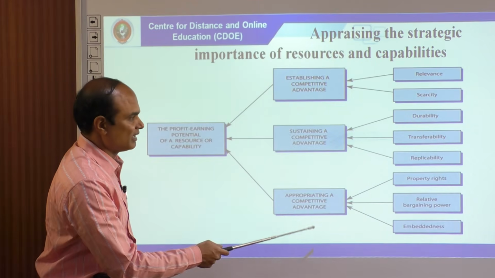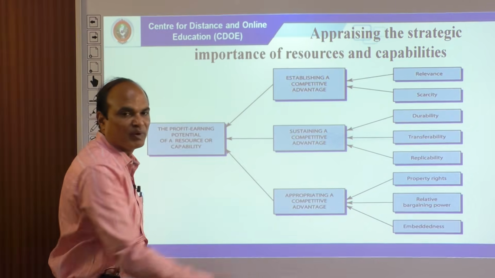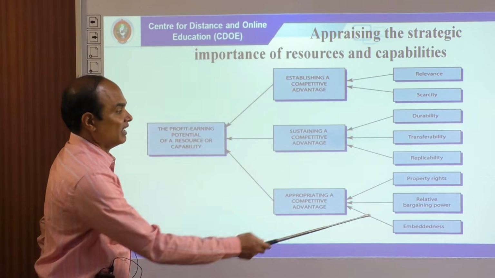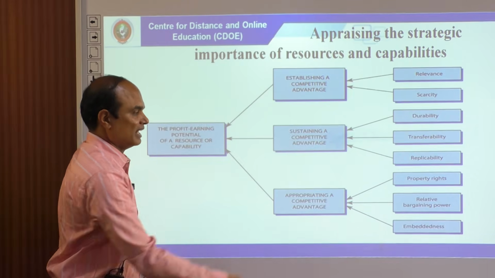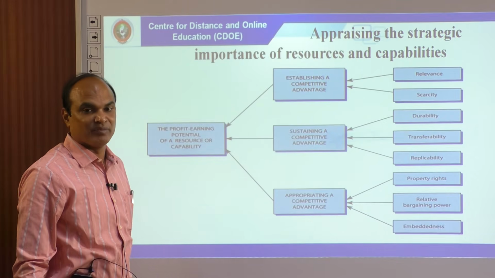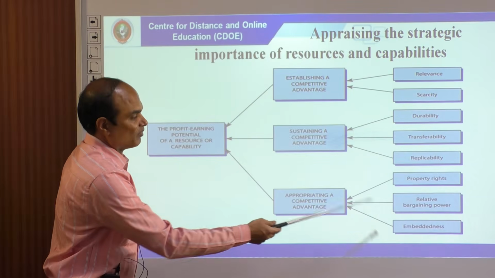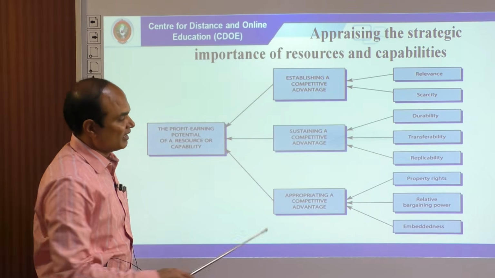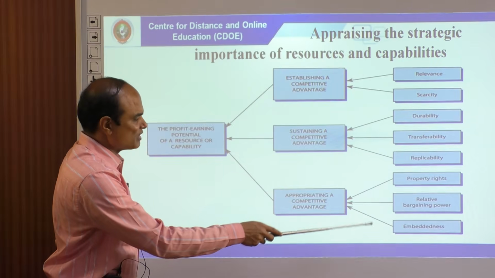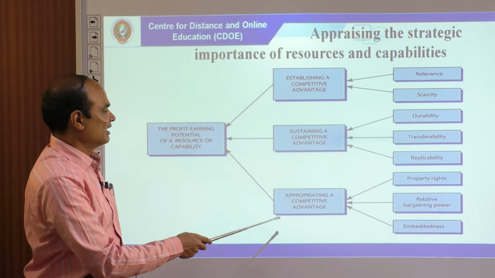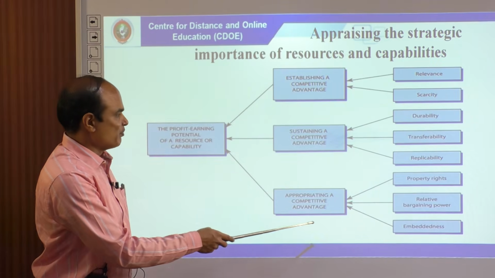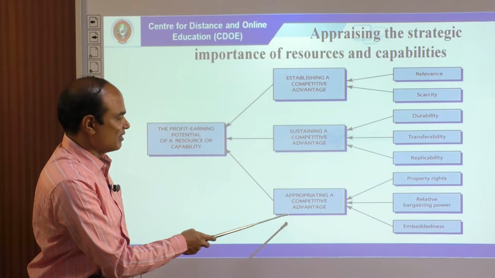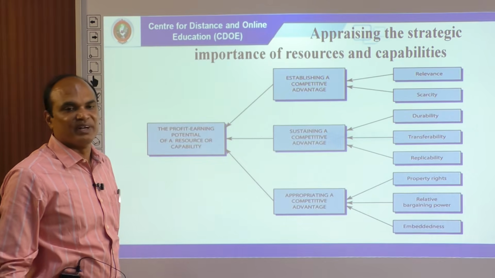Appropriating it involves property rights, especially intellectual property rights, and then the firm's relative bargaining power, whether with buyers or suppliers. Then how they embed all these factors, bringing them together as a package, makes them able to appropriate a competitive advantage.